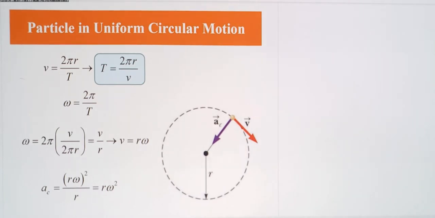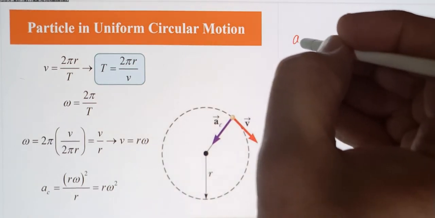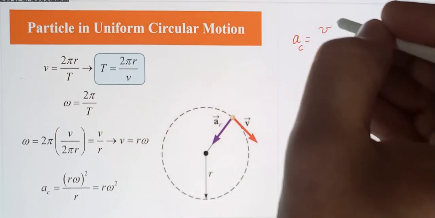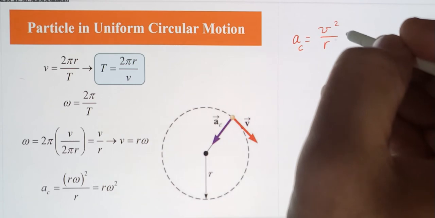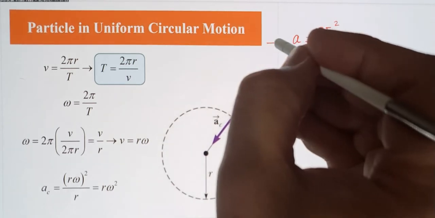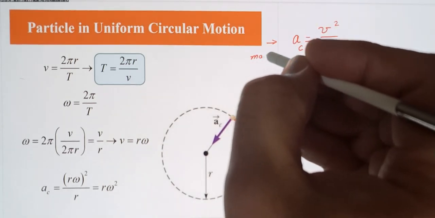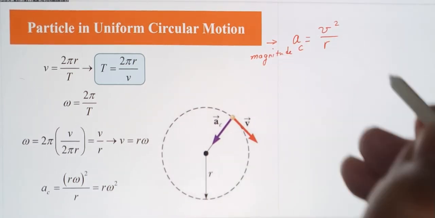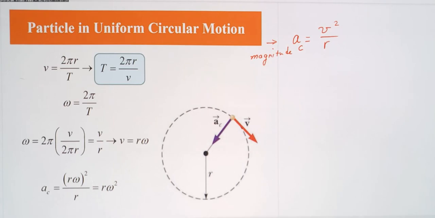We said here that centripetal acceleration is equal to V square over R. Notice, this is the magnitude. What is the direction? Towards the center.